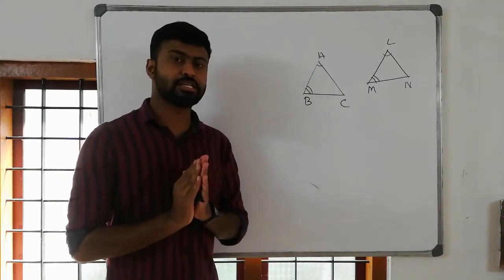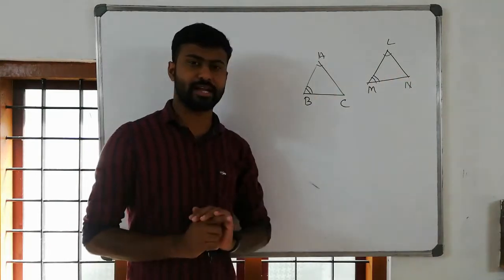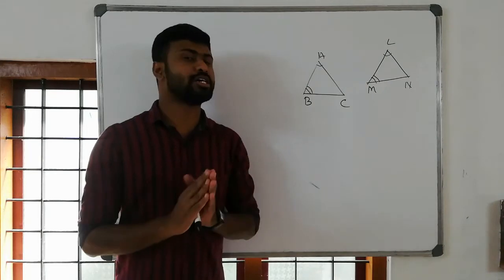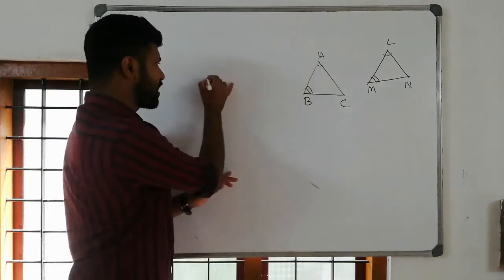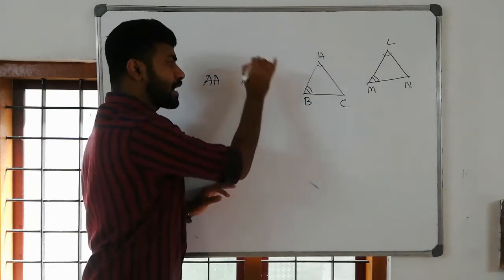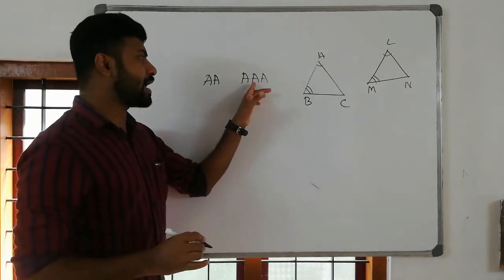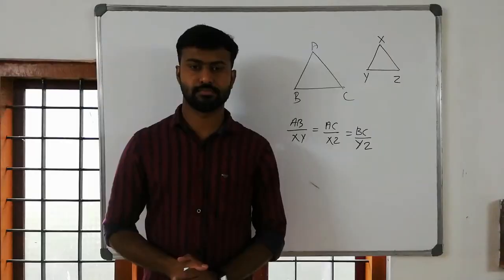Since the sum of the angles of a triangle is 180 degrees, angle C equal to angle N. So at least two of the corresponding angles are equal, or three of the corresponding angles are equal. Then this property is known as the angle-angle postulate or angle-angle-angle postulate, or AA postulate or AAA postulate. So this is our second condition.